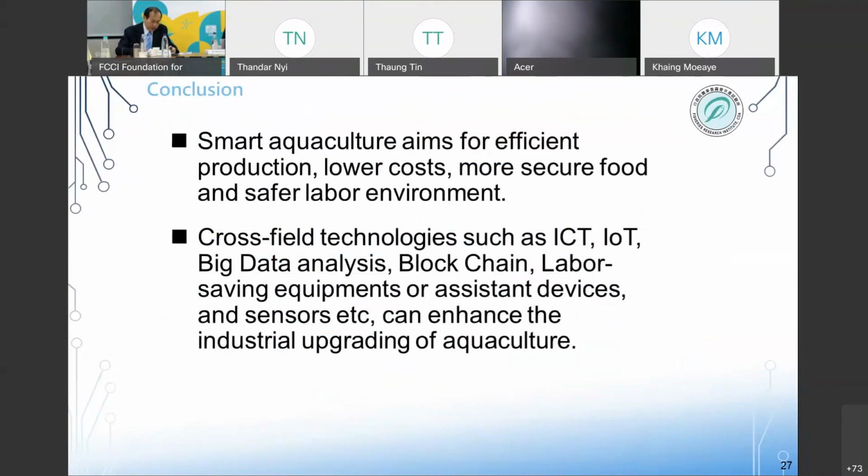There are three conclusions. The first one is smart aquaculture aims for efficient production, lower cost, more secure food, and a safer labor environment.